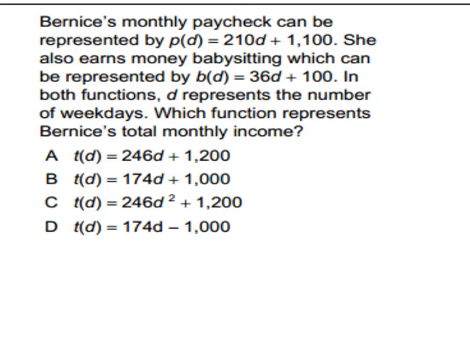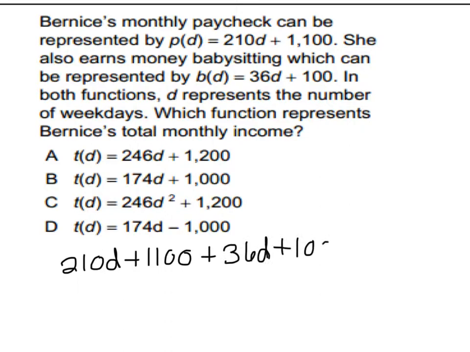Well, we know it says total, which means we're going to be adding them together. So we have 210D plus 1100 plus her babysitting money, which she does on the side after she gets done with her normal job. So now we have this pair of like terms, the D's. 210D plus 36D is 246D.